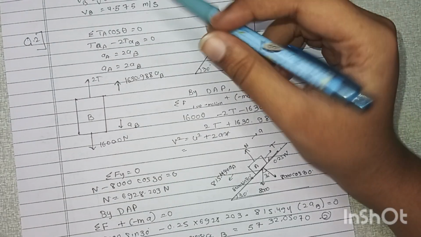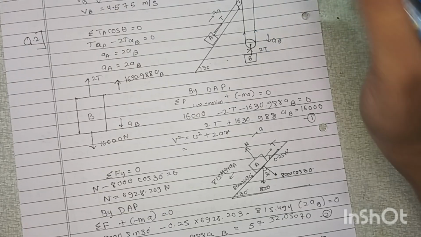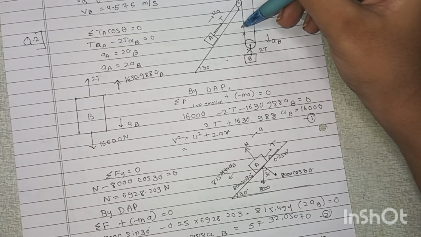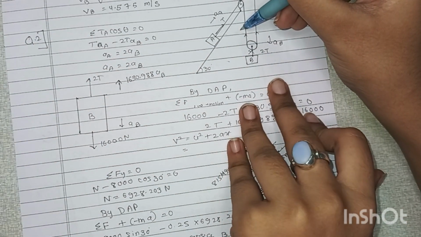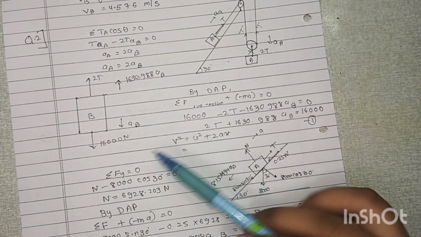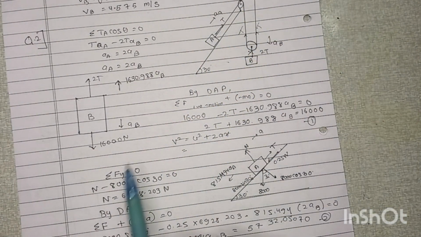So by D'Alembert's principle, what I have shown over here is 2T, because there are two strings, or you can say one T and this second T are balanced by this, so it means there must be a 2T tension over here, and the acceleration is downward, this is going downward, so this is going on the upward side.